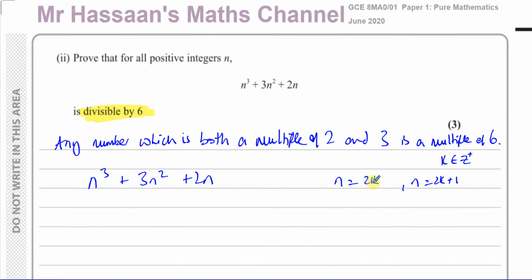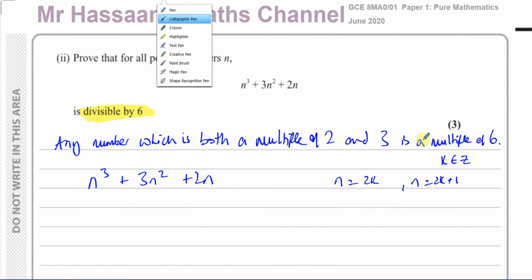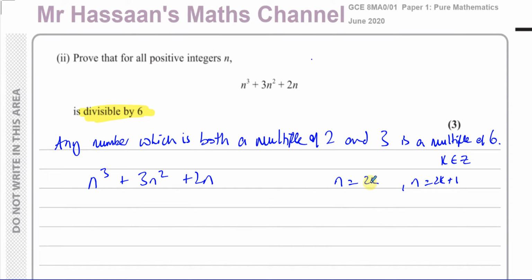For example, you can say k is an element of all integers, no problem. When k is 0, then this will be 0, and that will be 1.